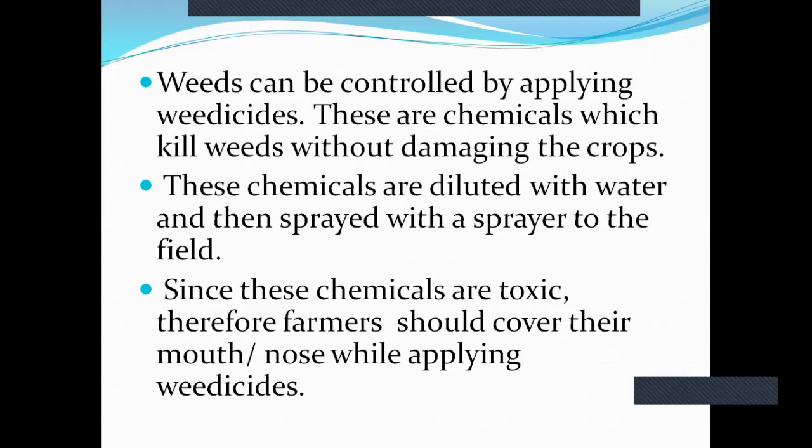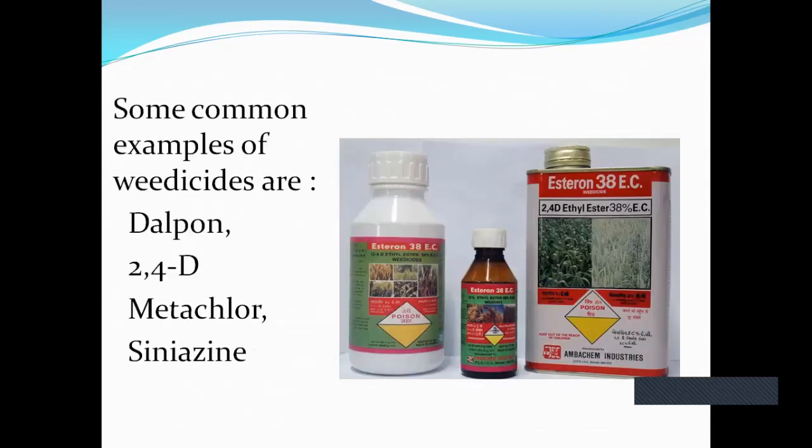These chemicals are first very strong, so they need to be diluted and then spread in the field. Since these chemicals are toxic, they are poisonous. Toxic means poisonous. Therefore, farmers should cover their mouth and nose while applying these weedicides. Right? As these chemicals are dangerous, they need to cover their mouth.